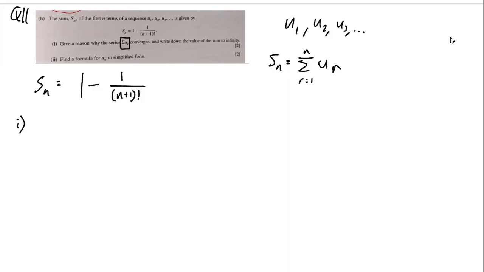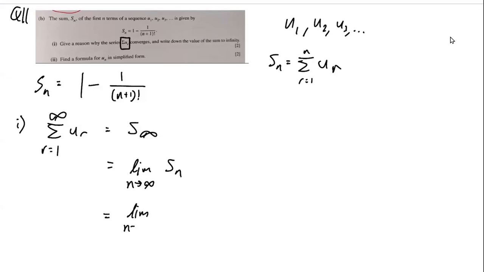Basically they're just telling you about the limit: sum of UR from R equals 1 to infinity is really just S infinity, which is really just the limit of Sn as n goes towards infinity. Then you can replace the Sn with 1 minus 1 over (n plus 1) factorial. Then you must take the limit.